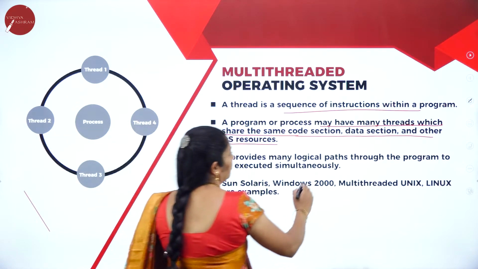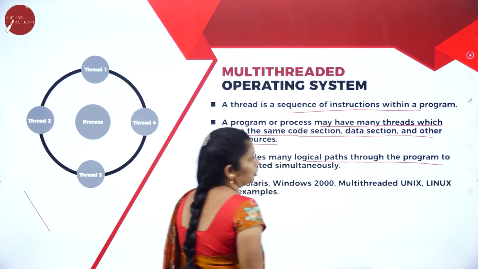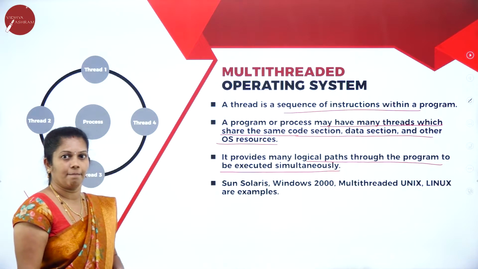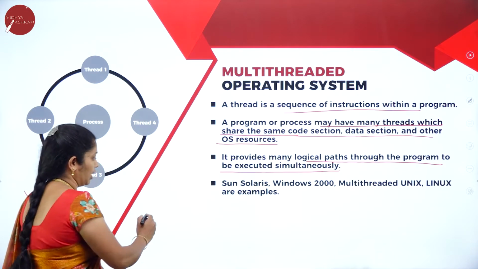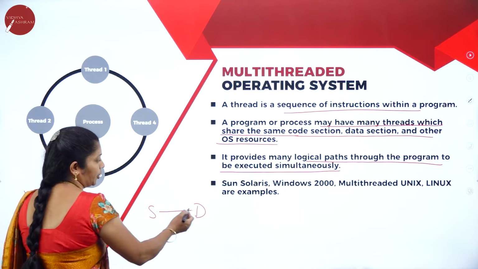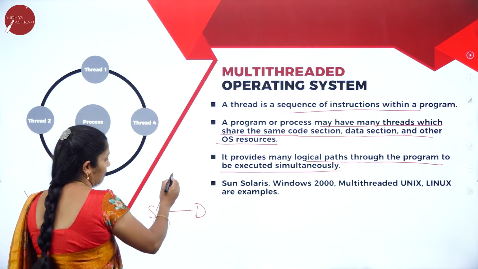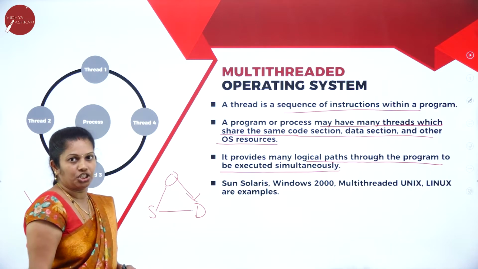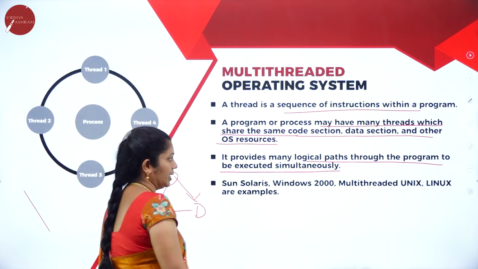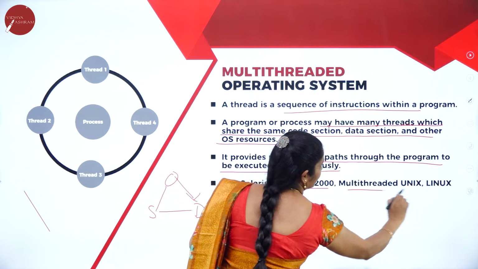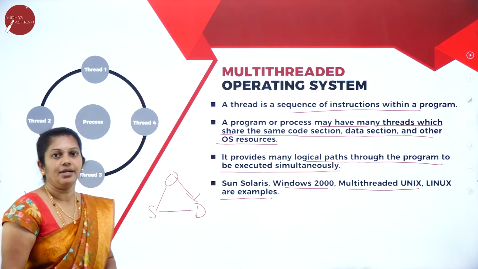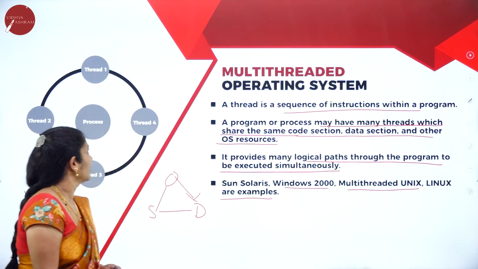It provides many logical paths through the program to be executed simultaneously. For example, if I want to reach from source to destination, I can take separate, different paths. From here to here I can pass, or I can pass from another place to whichever destination we want. That means different paths are possible here. Sun Solaris, Windows 2000, multi-threaded Unix, and Linux are examples of a multi-threaded operating system.